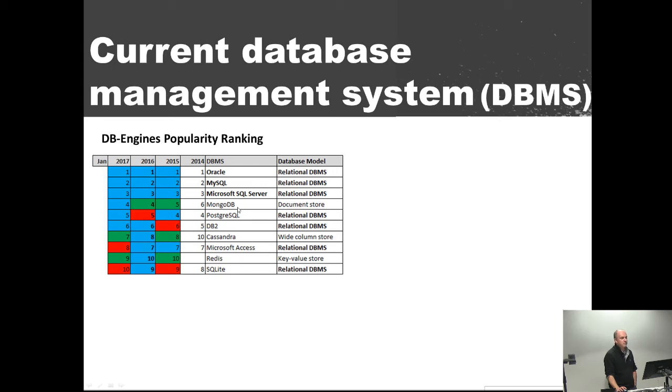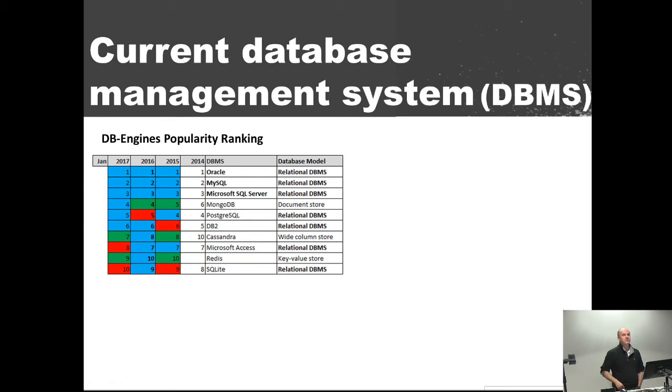Interestingly, MongoDB, the one which seems to be coming, is using a different system. So that's maybe of particular interest.